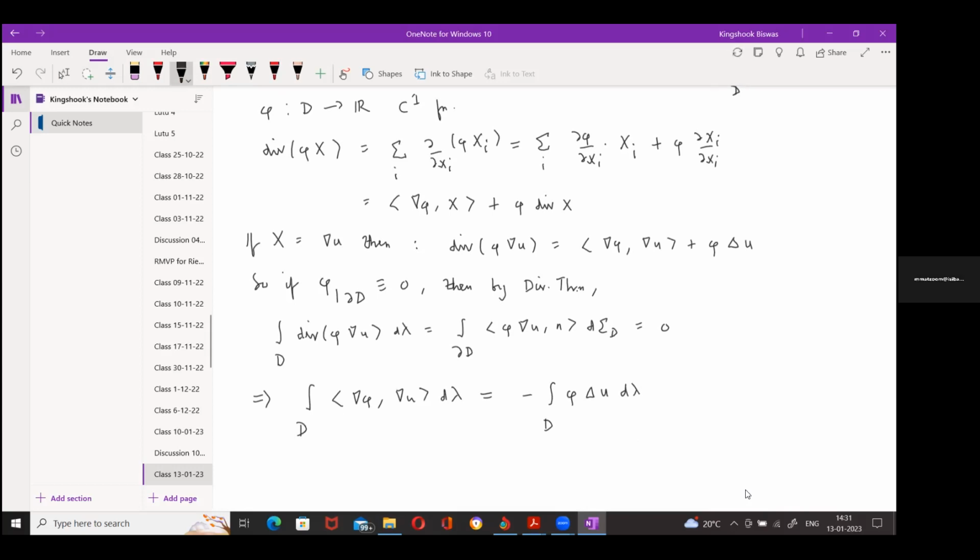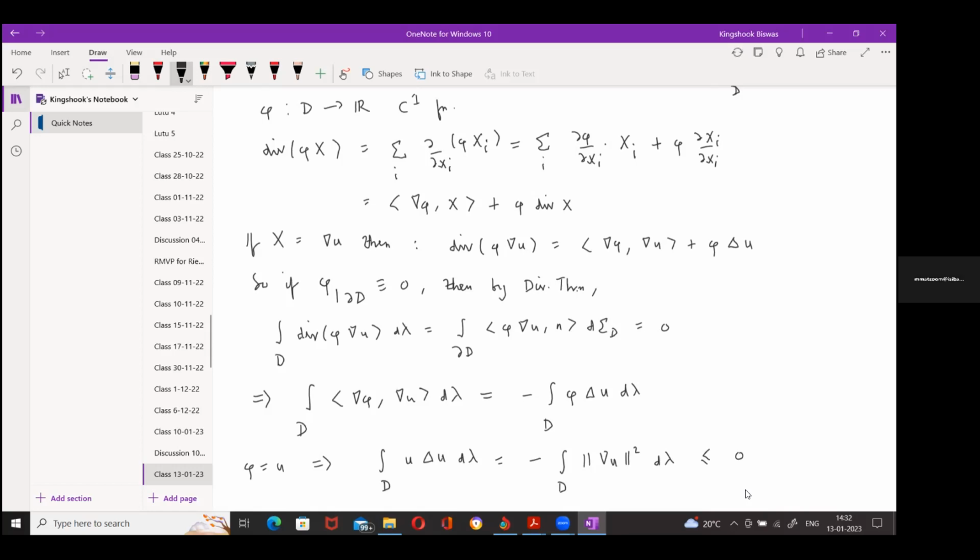Okay. So in particular, if I take phi equal to u, then this implies that the integral of u Laplacian u d lambda is equal to minus the integral of norm grad u squared over the domain D, which is less than or equal to 0.